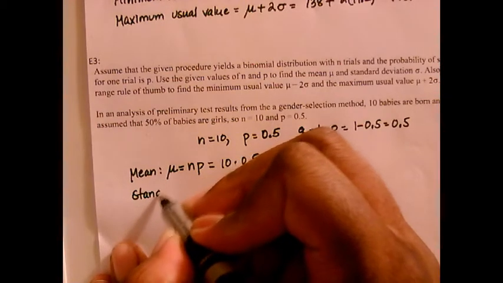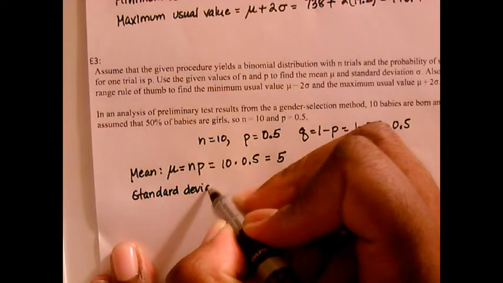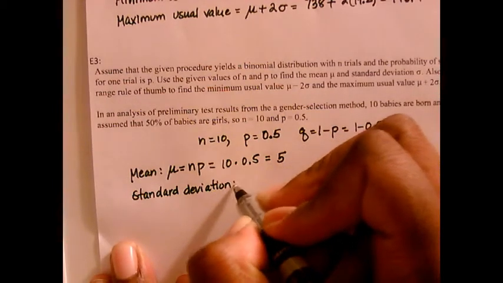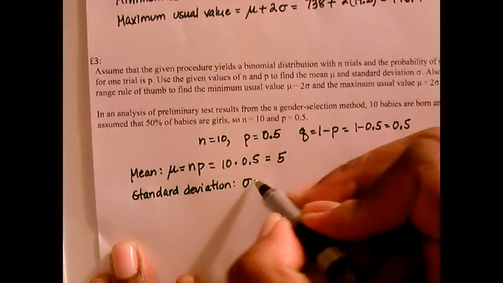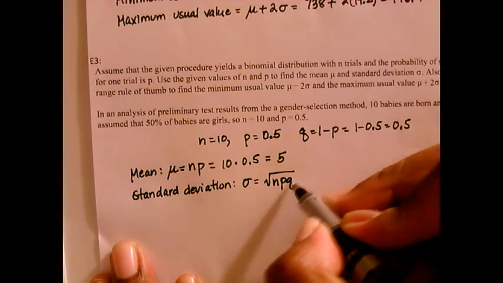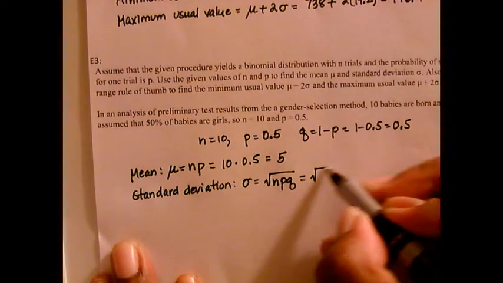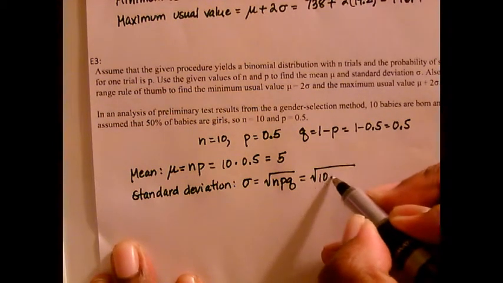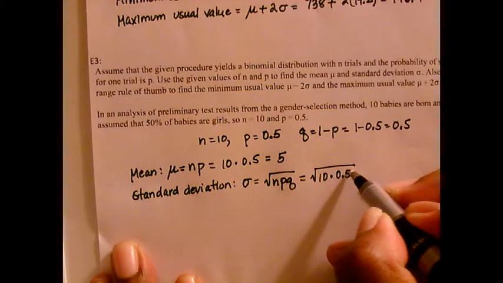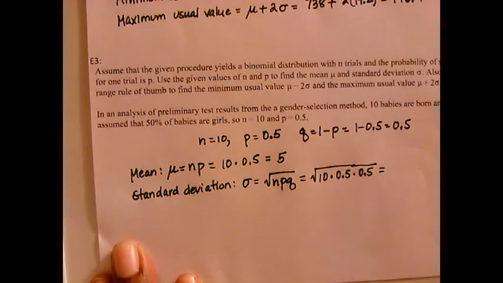And then for the standard deviation, that's your sigma. That's going to be the square root of n times p times q. So here we got the square root of n, which is 10, times p, which is 0.5, times q, which is also 0.5.